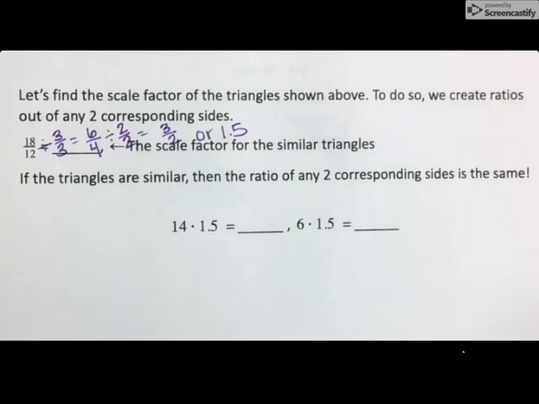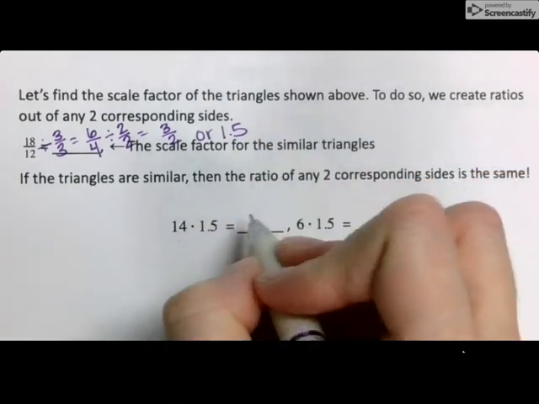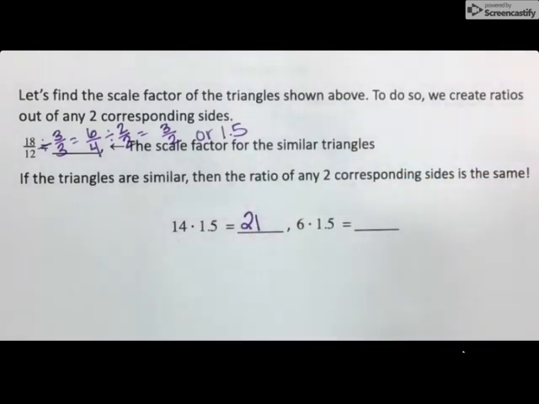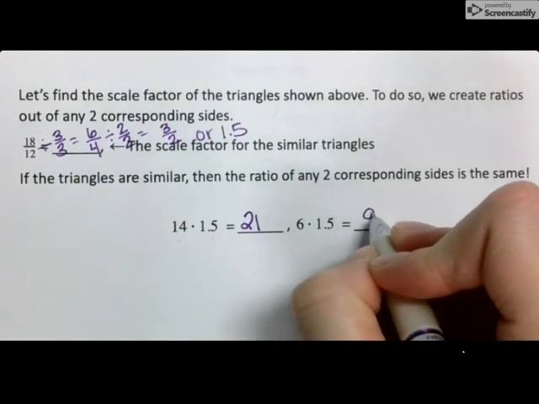So what this is doing at the bottom is proving that. If I take 14 and I multiply it by 1.5, I get 21. If I take 6 and multiply it by 1.5, I get 9. Okay?